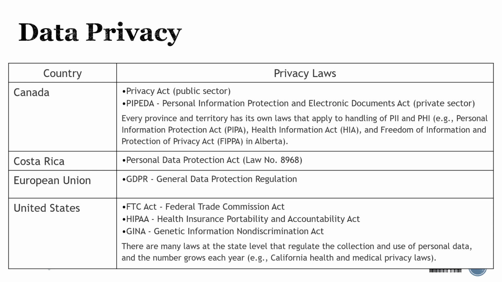However, within each province and territory, they will have their own laws that apply to handling personal information as well as health information, so personal health information. For example, here in Ontario, we have the HIPAA legislation, which oversees how health information is managed within the province.